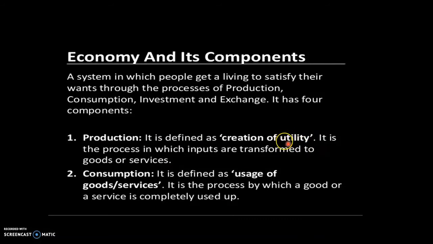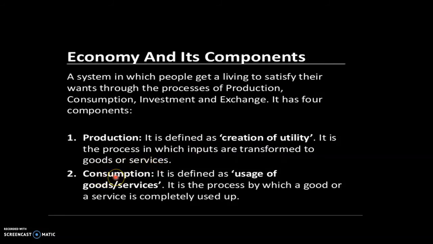What do you mean by the term utility? Utility means the want satisfying power of a commodity. Production is the process in which inputs are transformed into goods or services.